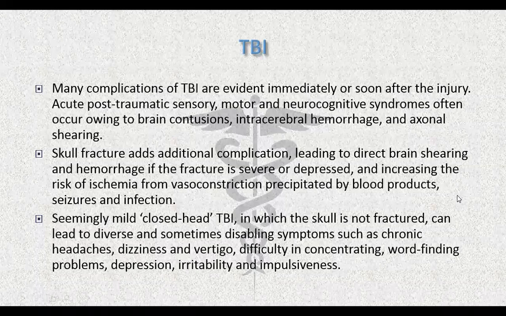If you have a depressed skull fracture, that doesn't just add the complication of the broken bone, but also has something sharp that's potentially poking into the brain matter. So that's an additional factor. In many cases, it becomes important to operate to try and remove the pieces of bone quickly.